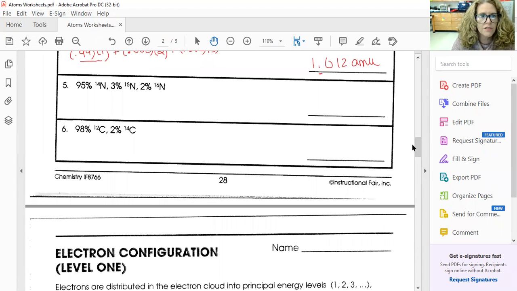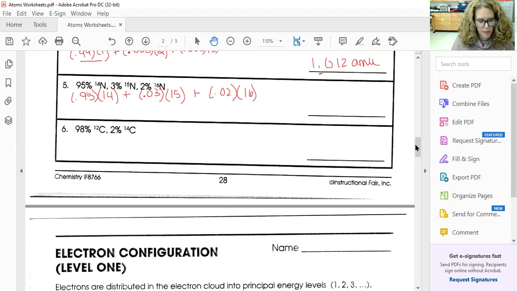Question number 5: 95%, so percent times mass. 95% of this sample of nitrogen has a mass of 14. Now 3%, which is 0.03, has a mass of 15. And now 0.02, which is 2% of the nitrogen, has a mass of 16.